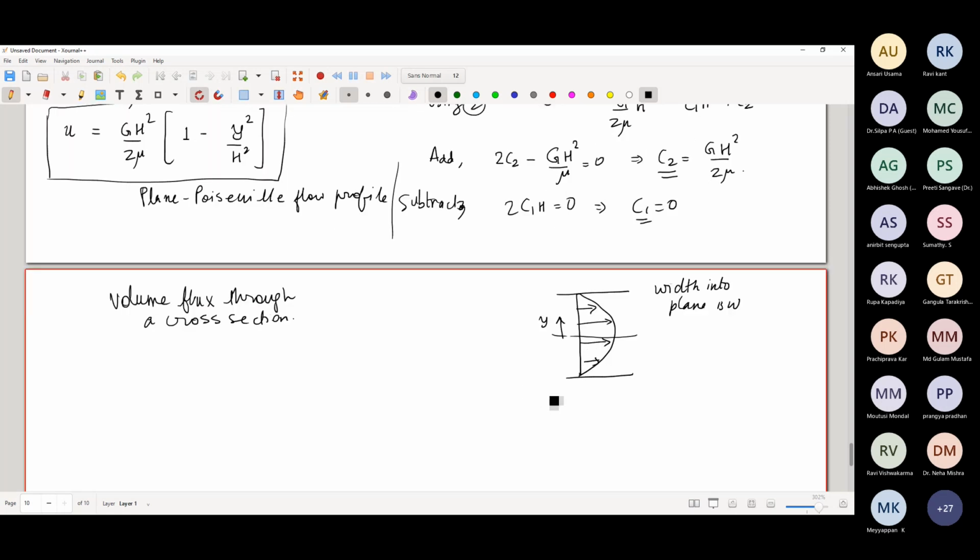If I draw a large rectangular slot and this width is W, it's very large. This is the y direction and into the paper is the x direction. So what is the differential area? It will be the area of this strip.